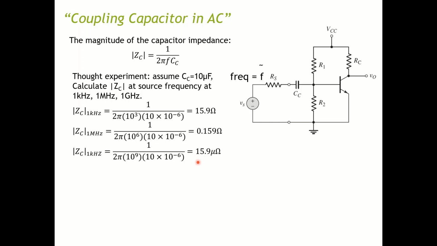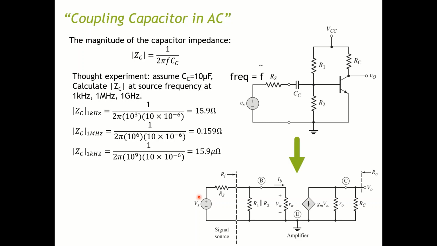So we can effectively assume that in AC condition, especially if you have something over 1 or 2 kilohertz, this capacitor becomes a short circuit. Okay, so therefore you can write the small signal equivalent as below, and you can analyze it just like normally, and you can get rid of this coupling capacitor.